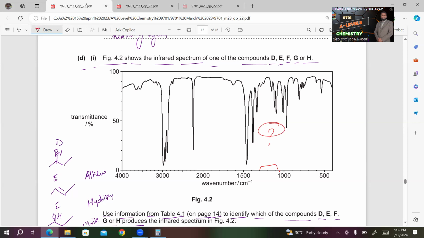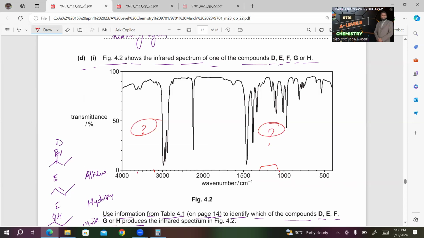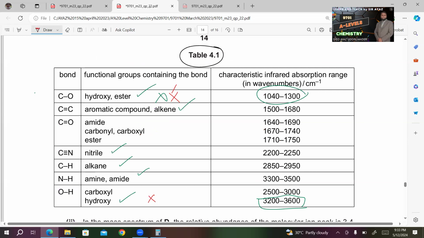We don't see any absorption there, so it's also excluded. What about alkene, 1500 till 1680? No absorption, so it is also not there.